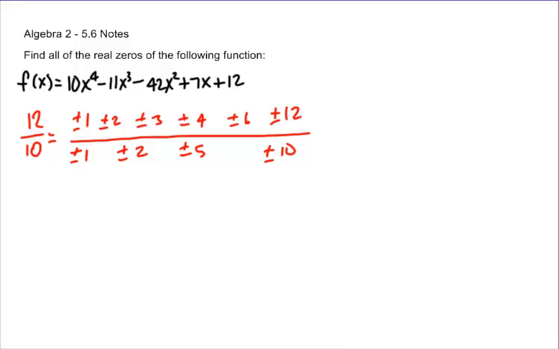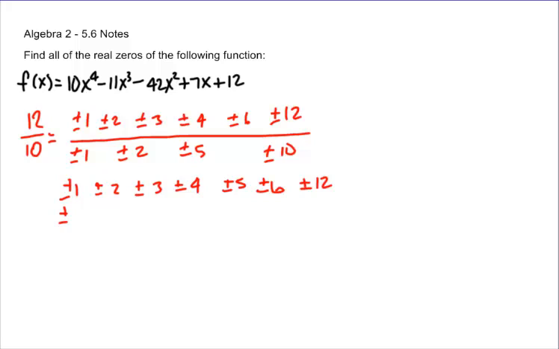To give you a short list, you could get plus or minus 1, plus or minus 2, plus or minus 3, 4, 5, 6, and 12, all over 1.